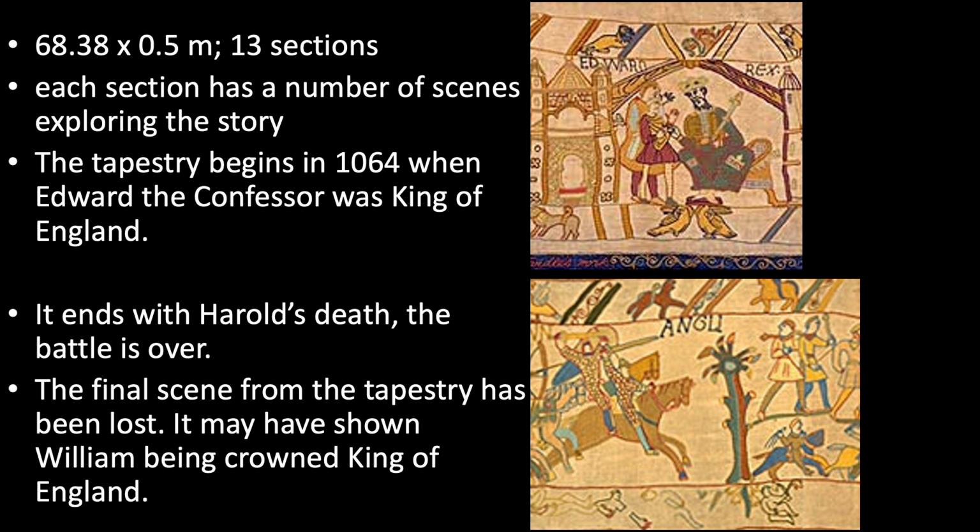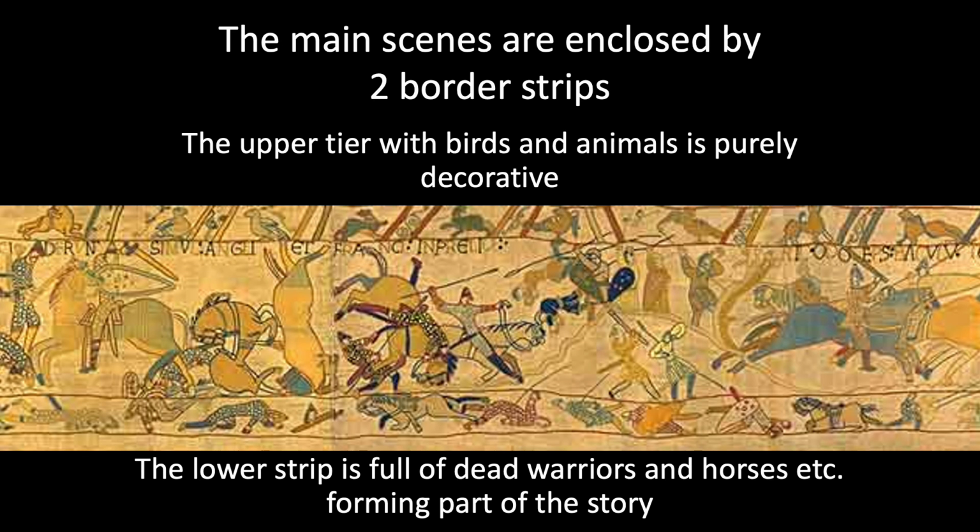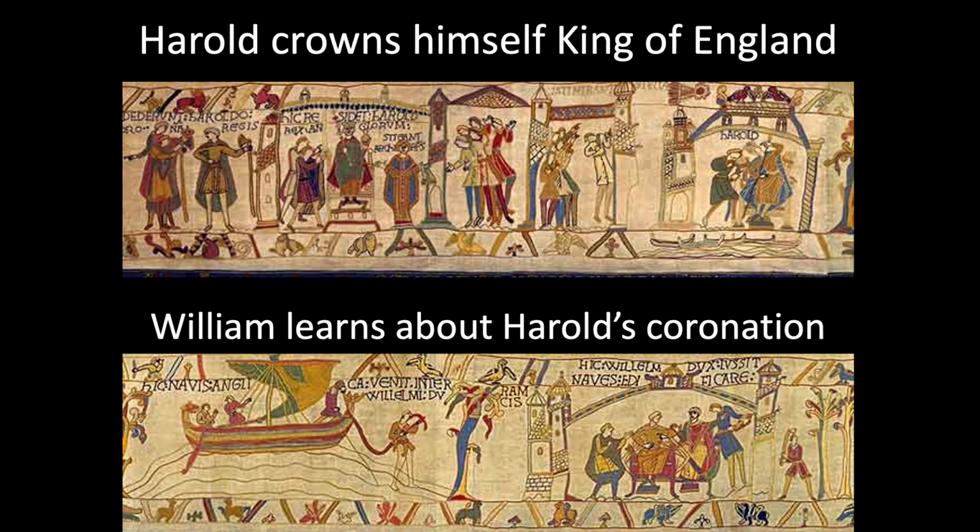Now, the very last scene from the tapestry has been lost, but that probably would have shown William being crowned King of England. The main scenes were enclosed by two border strips, the upper tier with birds and animals, very decorative, and then a lower strip full of dead warriors and horses, which of course all are forming part of that story of this battle.